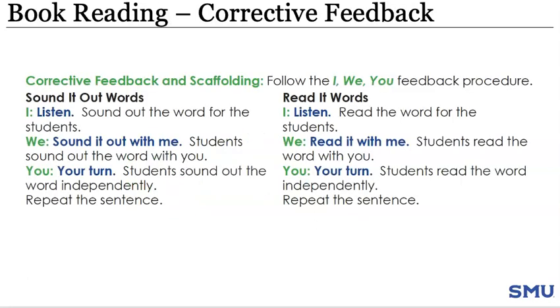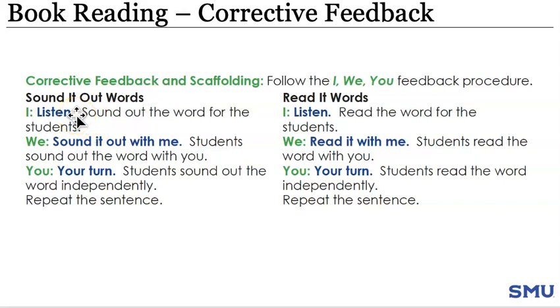So these are the specific recommendations for a book reading and the feedback you would give during book reading. First, you want to notice the word that they missed, and if that's a word that they have the skills to sound out, you want to follow this procedure. If it's a word that they don't have the skills to sound out, then follow this procedure. So essentially, you can always remind them, sound it out if it's a word that can be sounded out.